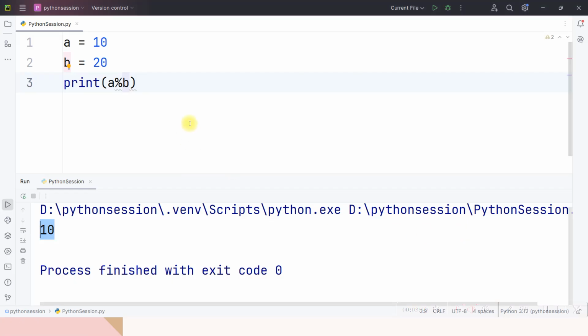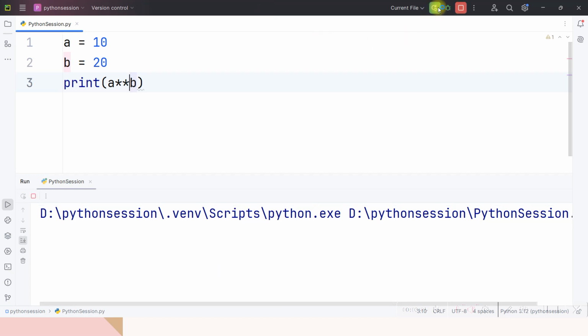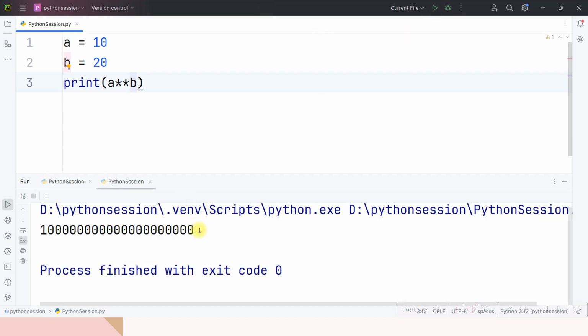Now let's apply this exponentiation operator here and run our code. You can see we are getting the response as 1 with a number of zeros, because this is nothing but 10 raised to the power of 20.